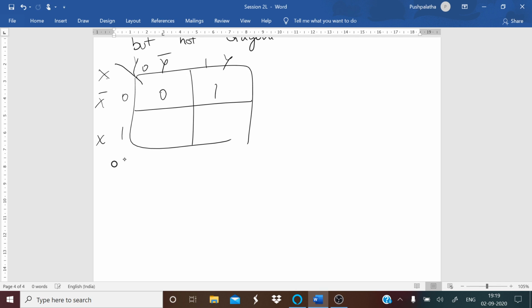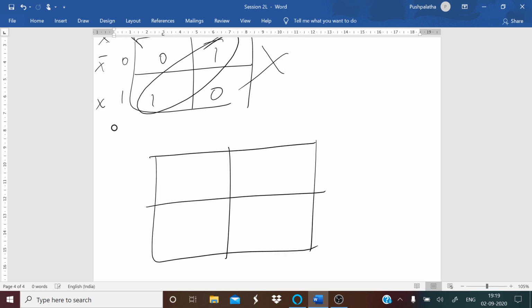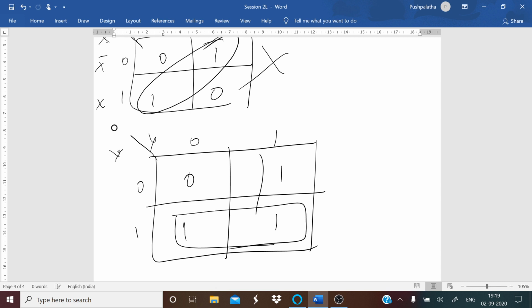If you have 0, 1, 1, 0, then you cannot do this. Diagonal is not allowed. Whereas if you have 0, 1, 1, 1, then you can put together these two, or you can put together these two. This is valid. But it cannot be diagonal.